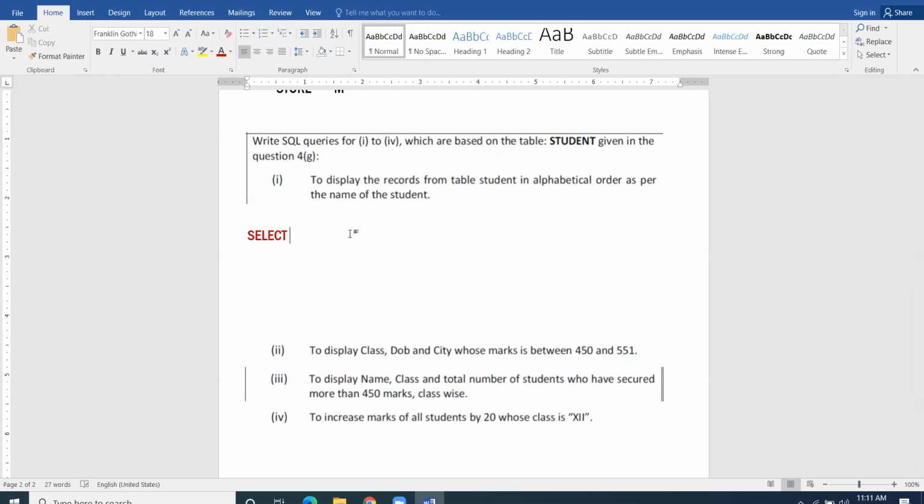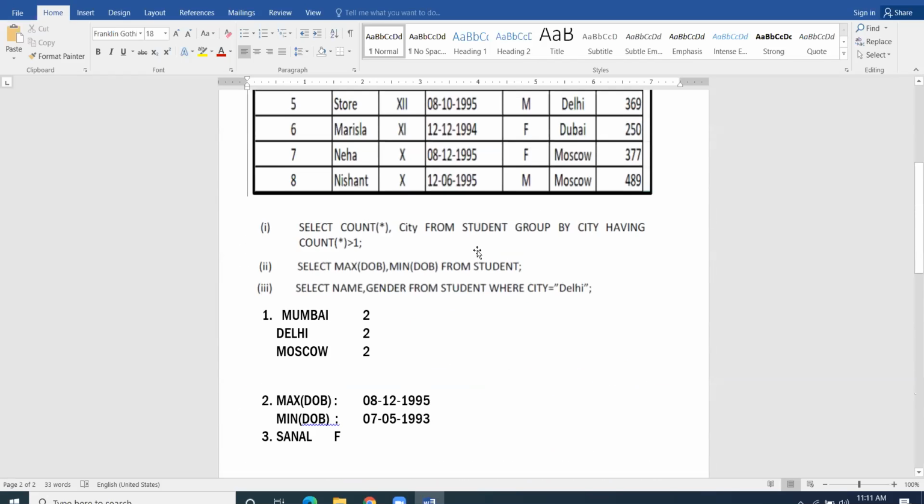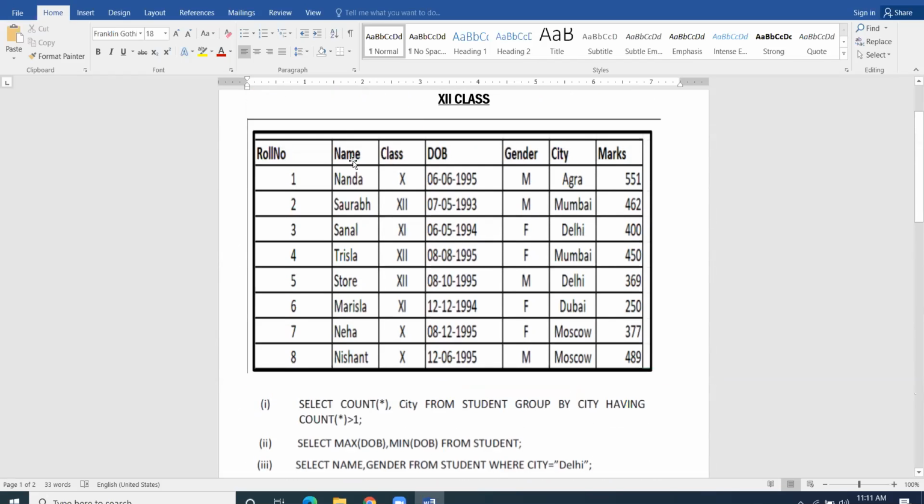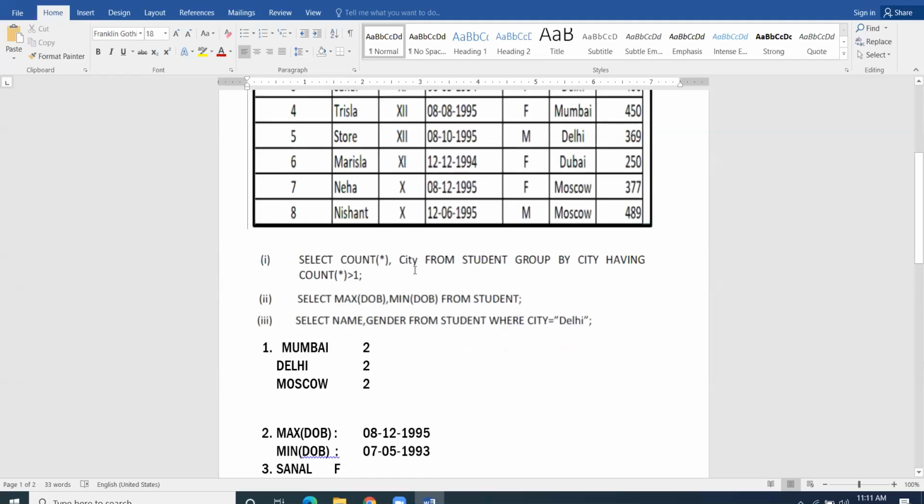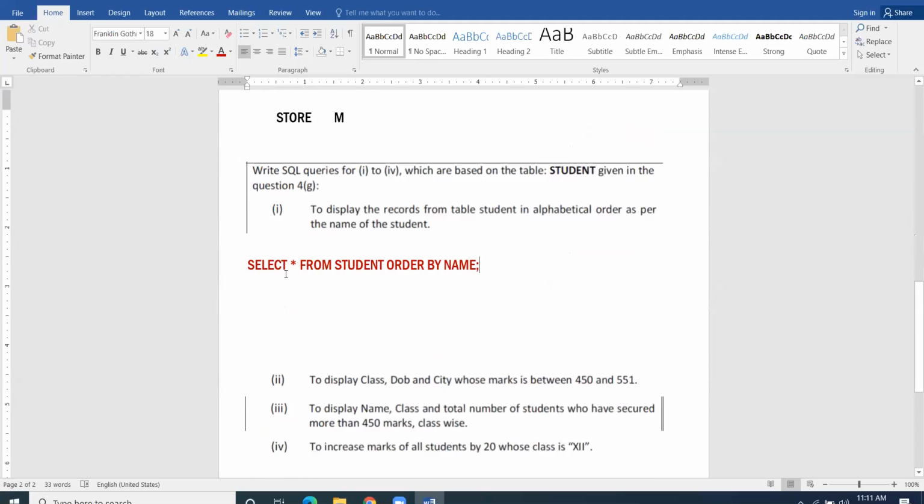Select star from student, order by name, semicolon. Right? We are to do the ordering in alphabetical order. So our order by clause will take the field name as the base, and our command is select star from student, order by name.